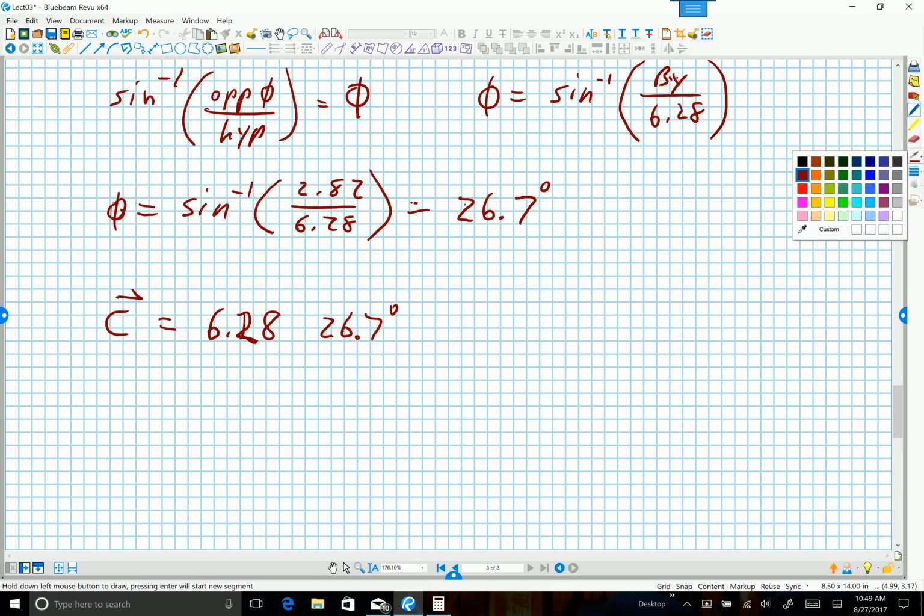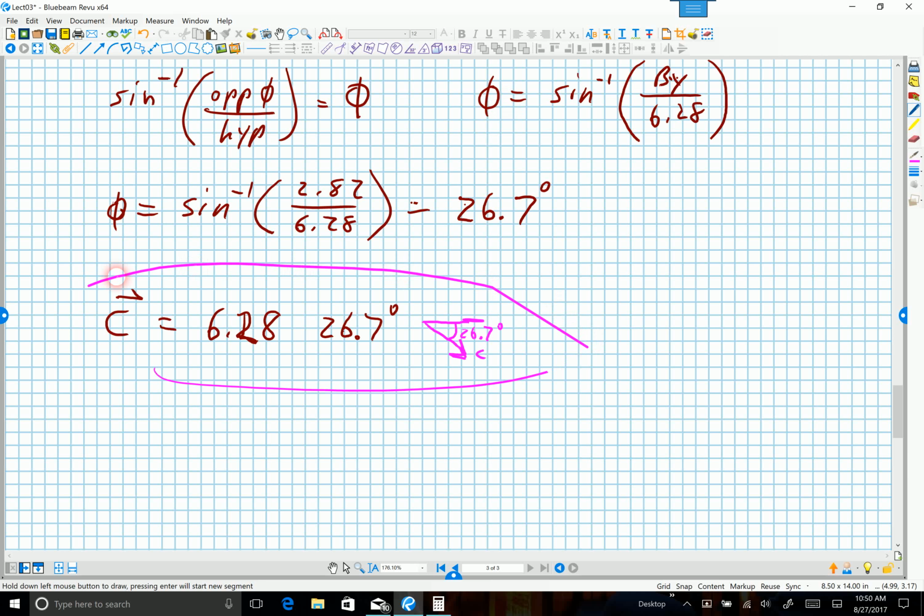So I'm going to make a small little diagram here. This is C. This is 26.7 degrees down from the horizontal. That's what we were looking for. We were looking for C. We wanted to know the length of the vector.